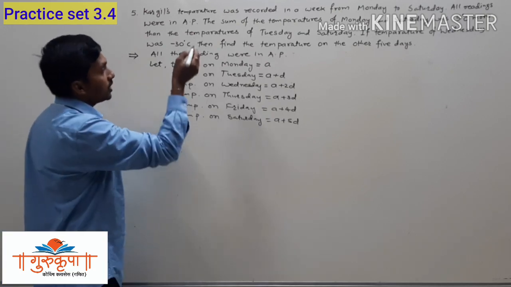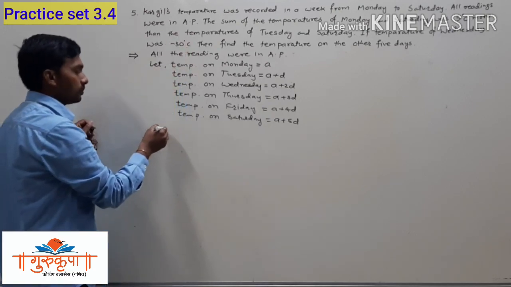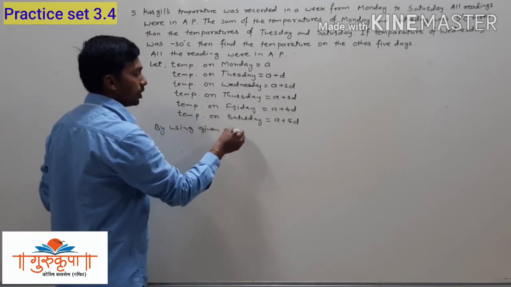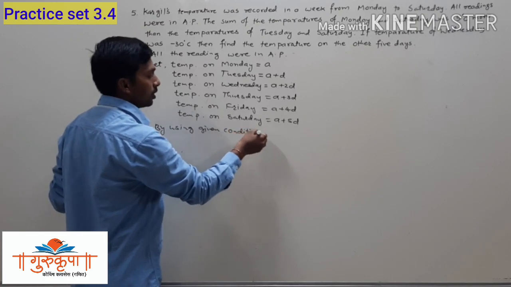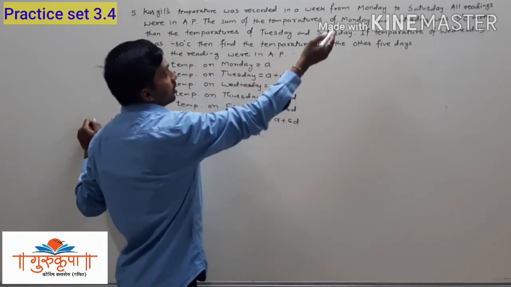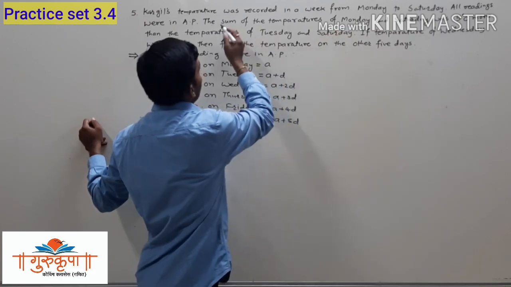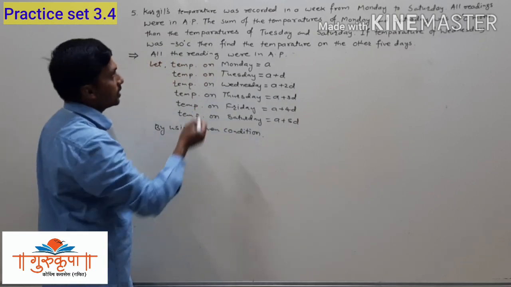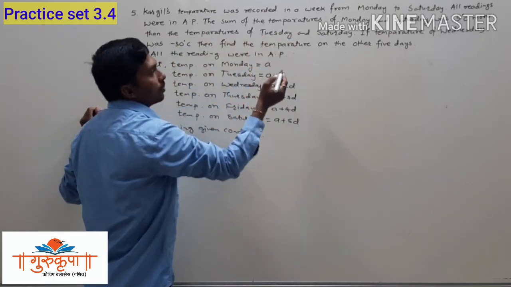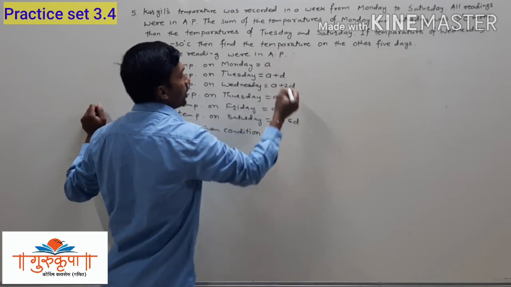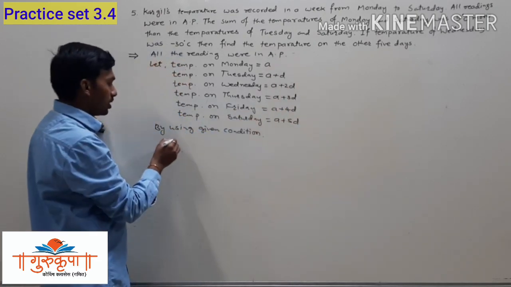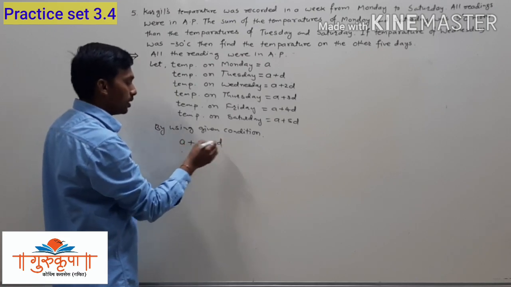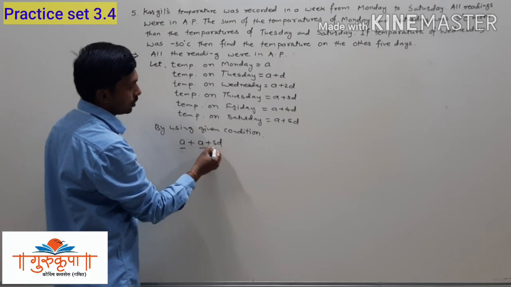So here, by using the given condition, what is the given condition? We have given that the sum of the temperatures of Monday and Saturday, here Monday is A and Saturday is A plus 5D. This is the temperature of Monday, this is the temperature of Saturday.